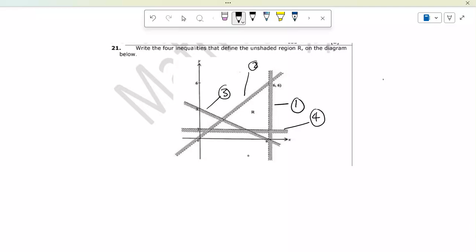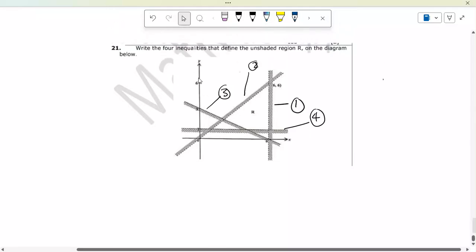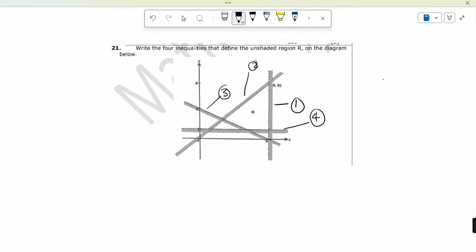So there are 4 lines here, meaning we need to come up with 4 inequalities. Some of these lines are slant, like this, and some are just straight.